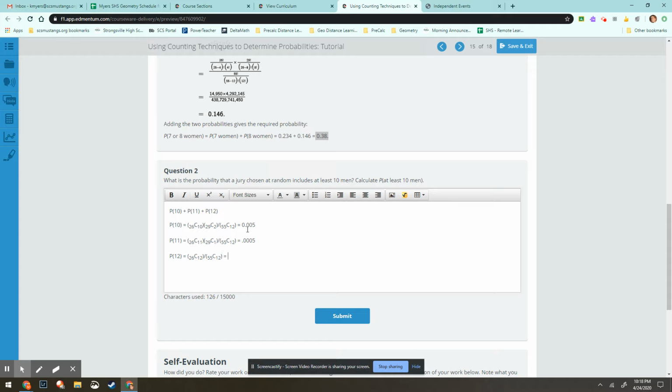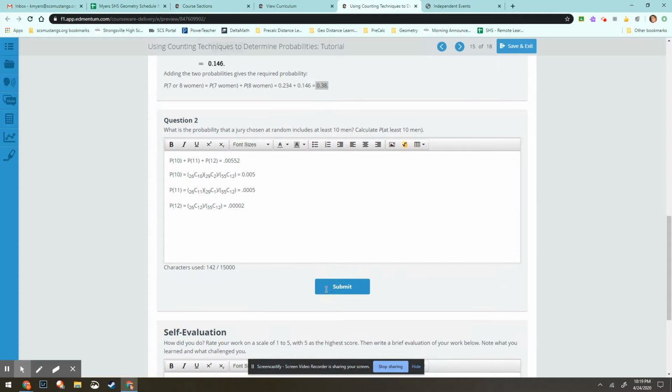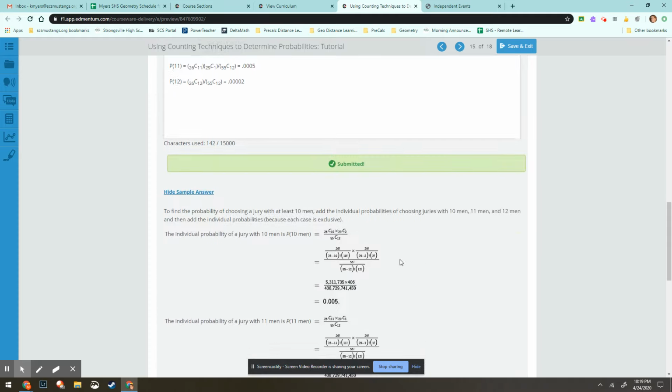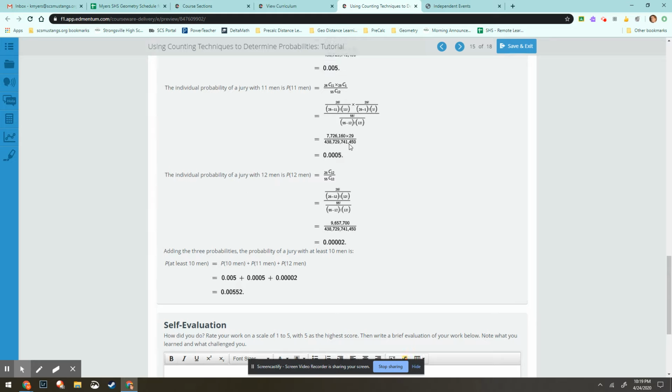And then the probability of 12 men would be 0.00002. And then to figure out the total probability of at least 10 men, you would add them all up. I'll actually do that just right up here. And when I do that, I'm going to get 0.0055. Which will give me, let me make sure that's all right, 0.00552, so about 0.552%.